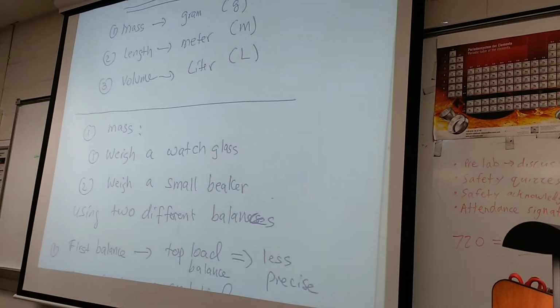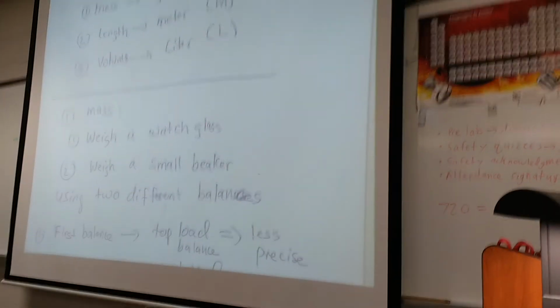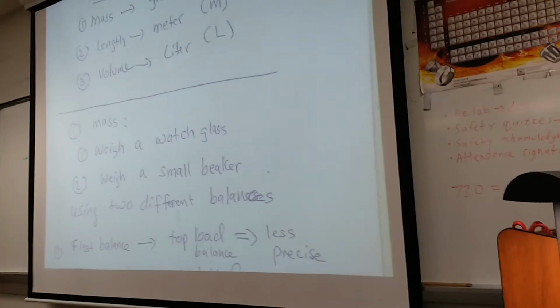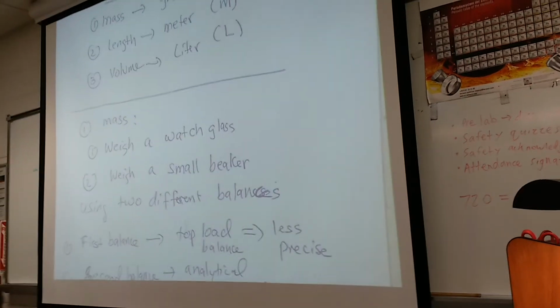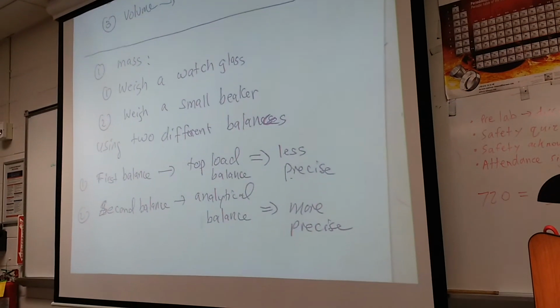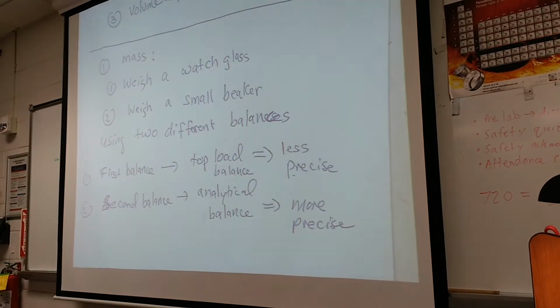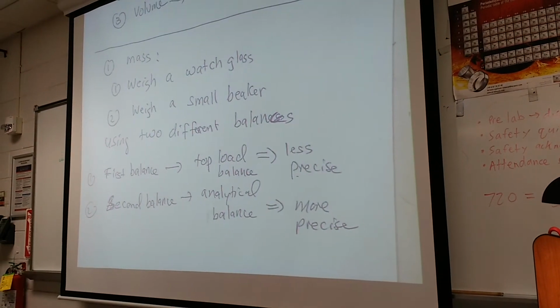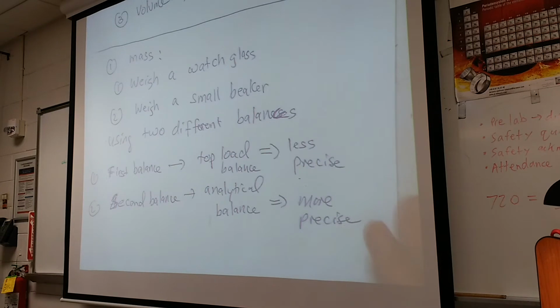And the analytical is more precise. The first balance gives you up to 4 digits, 4 to 5 digits. That's the reason here.